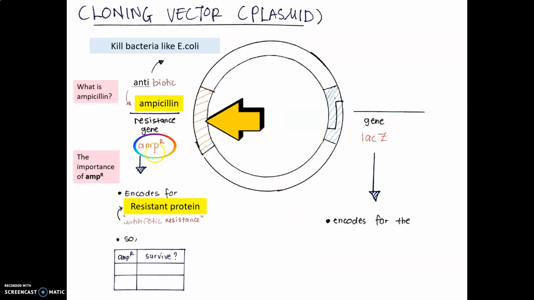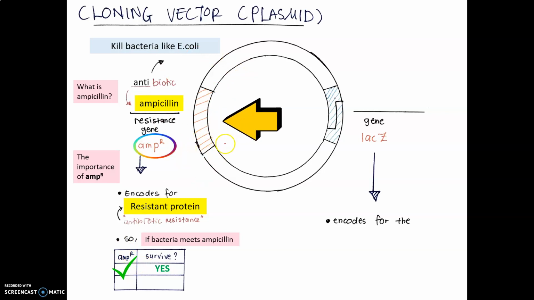Okay, kalau AMPR hanya untuk ampicillin. Maksudnya sekarang if bacteria meets ampicillin dan bakteria ini ada pula AMPR, ampicillin resistant gene, bakteria tadi survive ke tidak survive? Dia akan survive. But sekiranya bakteria tadi dia tidak ada plasmid, it has no plasmid, means it has no AMPR. Adakah dia akan survive kalau jumpa ampicillin?